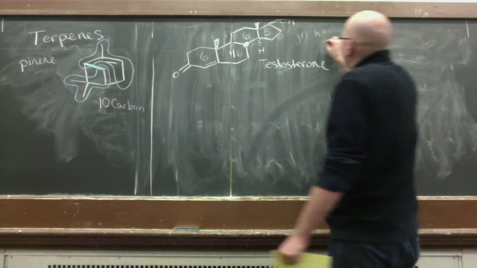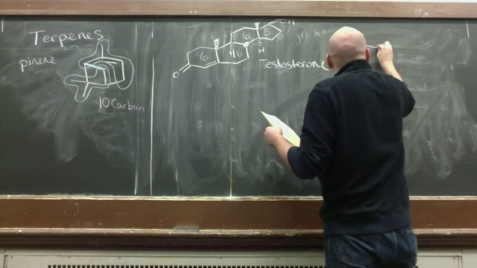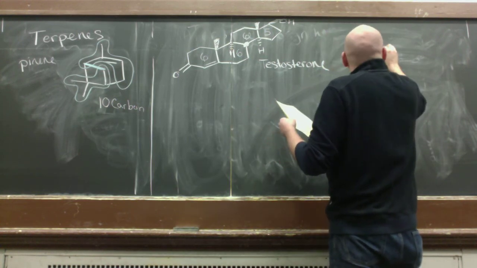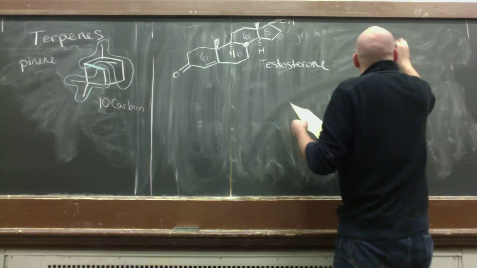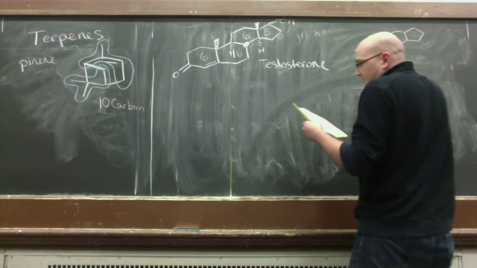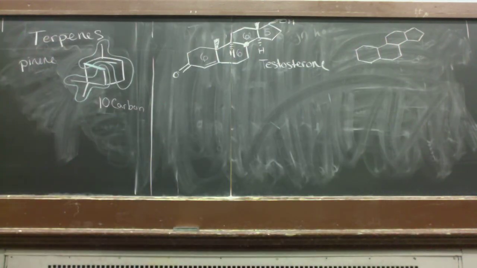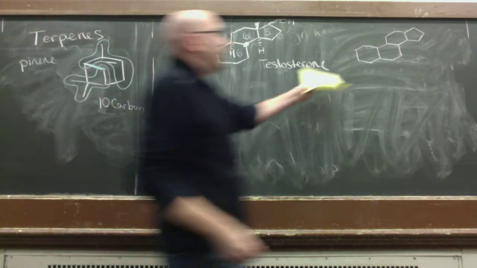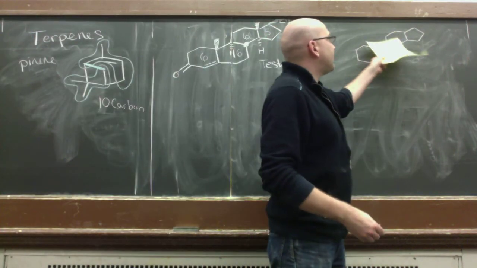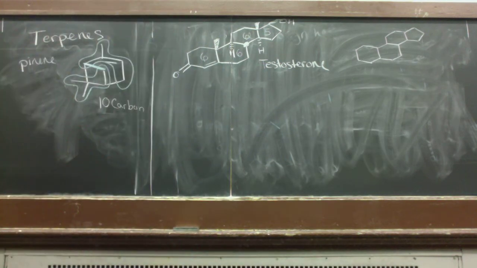But generally what you're going to see for a steroid is that 6-6-6-5 ring structure. It's always going to be set up like that, where you have this decalin, and then you have the 6-member ring up here with the 5-member ring there. And so this is the general structure that you see within many different steroids.